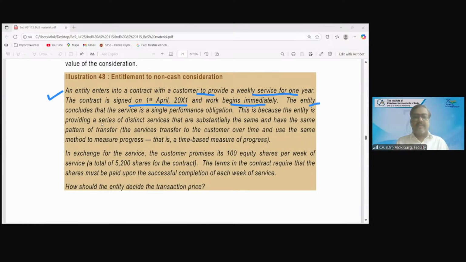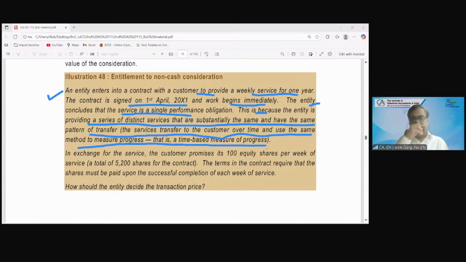The entity concludes that the service is a single performance obligation. This is because the entity is providing a series of distinct services that are substantially the same and have the same pattern of transfer. The service transfers to the customer over time and uses the same method to measure progress. That is a time-based measurement of progress, right?